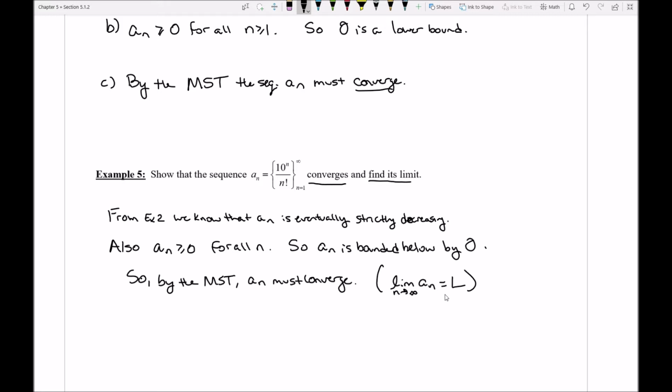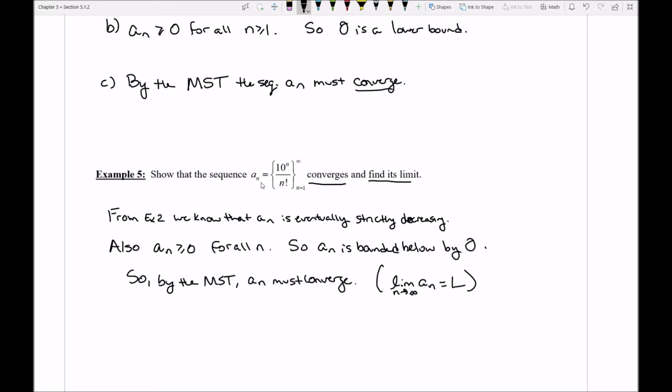Let's call it L. Now, some of you might be thinking, why did we even bother to use the monotonic sequence theorem here? Couldn't we have just said, hey, I'm working with this particular a sub n, and I want its limit, so let's just compute the limit?